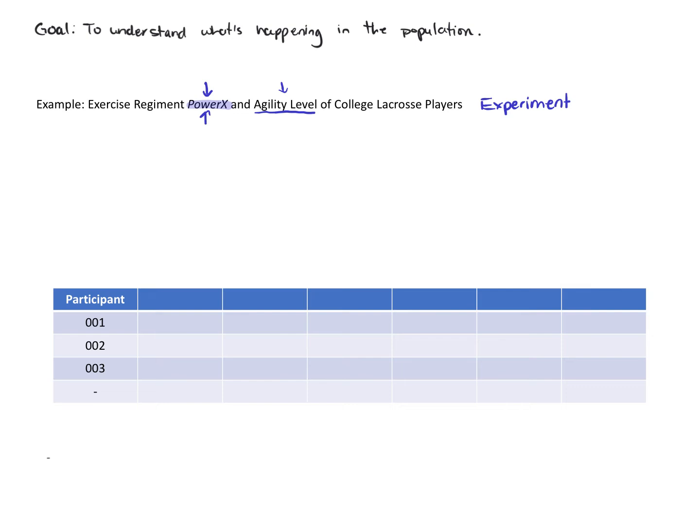Okay, so again, here we want to know if this exercise regimen increases the agility level, and you're interested specifically in lacrosse players. So the population in this example would be all college lacrosse players.